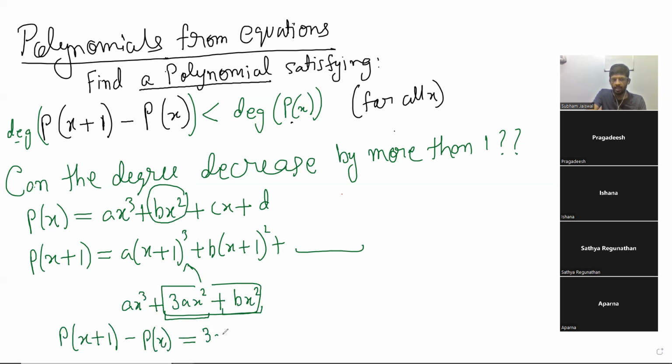you get 3ax squared. A is not 0. B can be 0, C can be 0, D can be 0, but A cannot be 0, because otherwise it's not a cubic. When it is said to be cubic, A cannot be 0. And so this is a quadratic. Answer is no. So you can feel that this operation is something very precise.